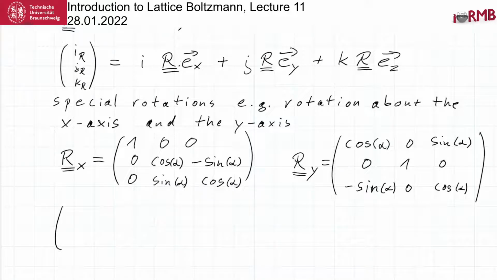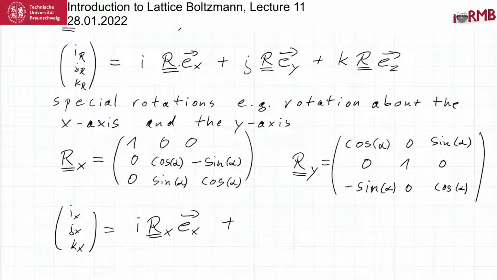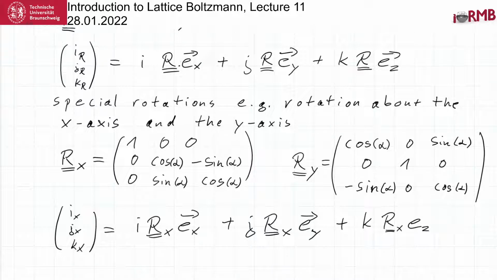So if we, for example, rotate our coordinate system about the x-axis, we call this now I_x, j_x, and k_x. I_x would simply be I times R_x into Ex plus j_x into Ey plus k_x into Ez.